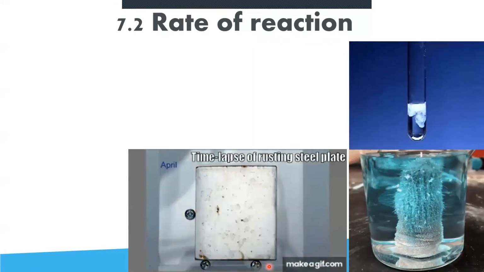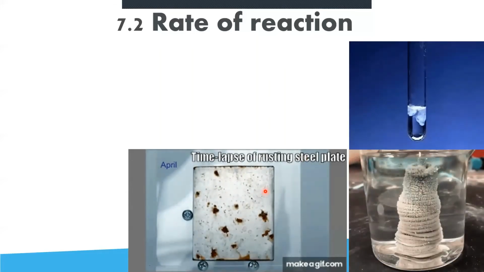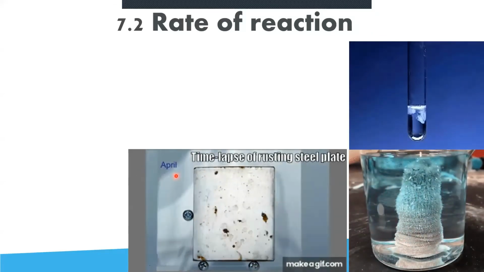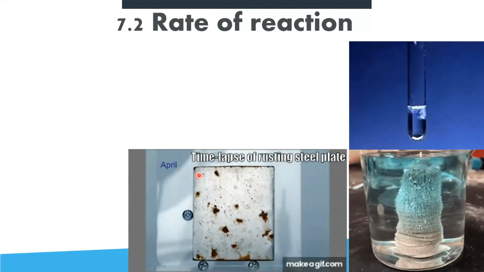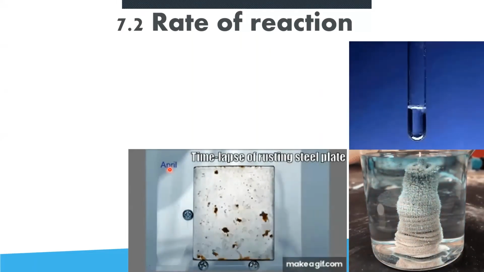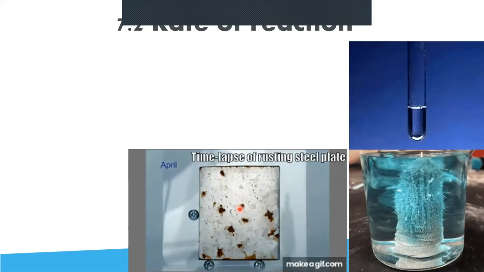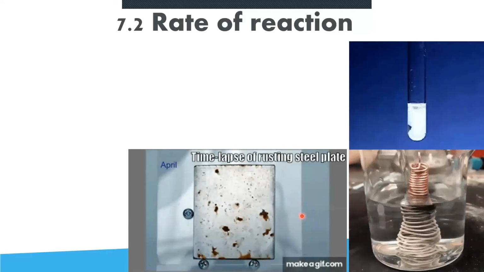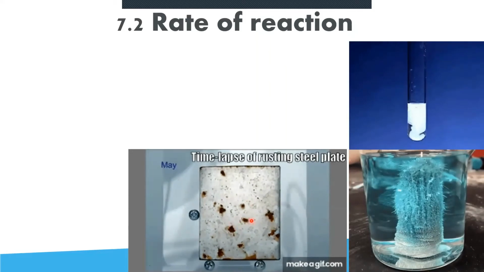Can you tell me what's going on here? It is mentioned, right? Rusting of steel. So a steel started to rust from January, February, March, April, May, so it took around 1 month to oxidize, for the rusting reaction to occur.